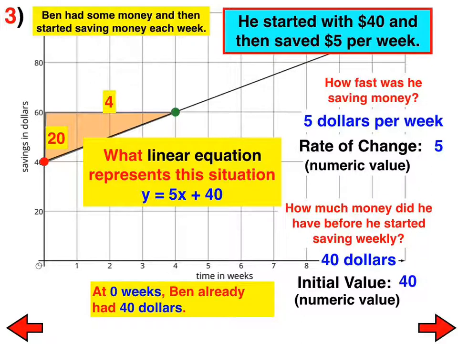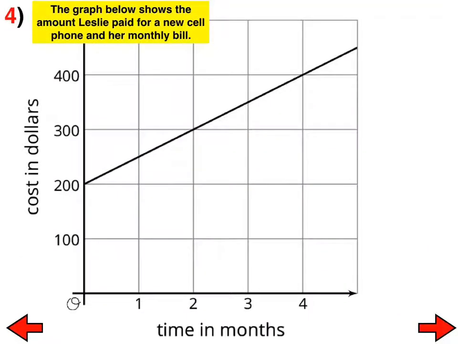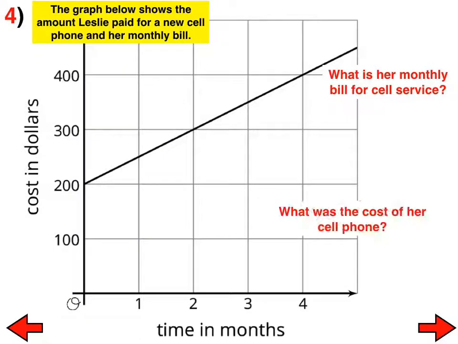Go ahead and turn the page and do number 4 all the way through. Number 4. The graph below shows the amount Leslie paid for a new cell phone and her monthly bill. We need to figure out what her monthly bill for cell service is and what was the cost of her cell phone. That, of course, right there is the initial value, so that must have been the cost of the cell phone, $200.